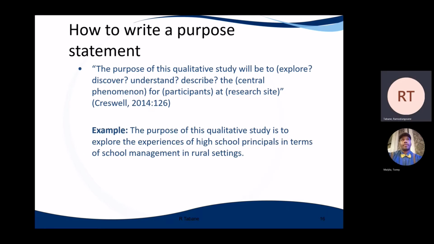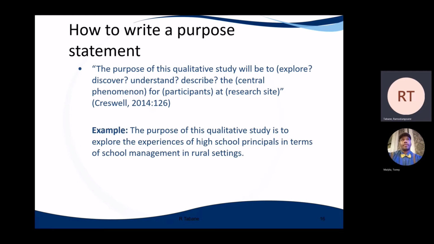Look, he has there a methodology, he has the purpose and the aim, he has the three tenets that we spoke about. The central phenomenon of study, experiences of high school principals in terms of school management. So the central phenomenon of study is school management. He has the participants, high school principals.